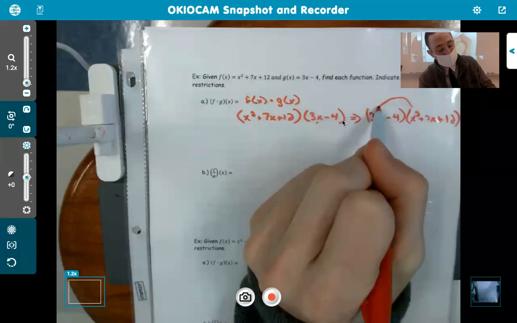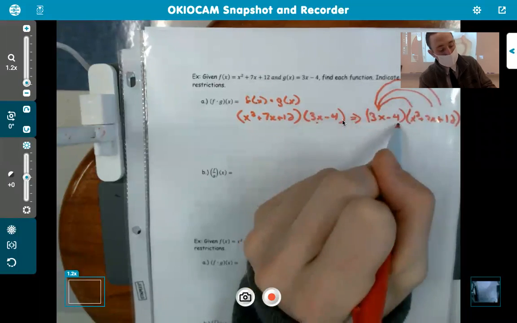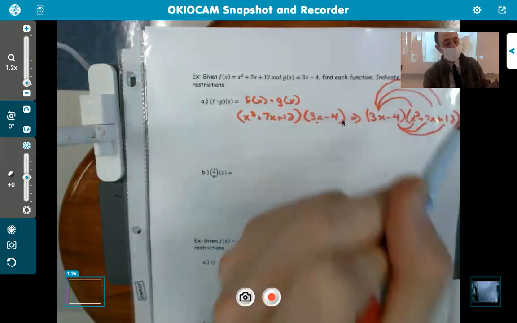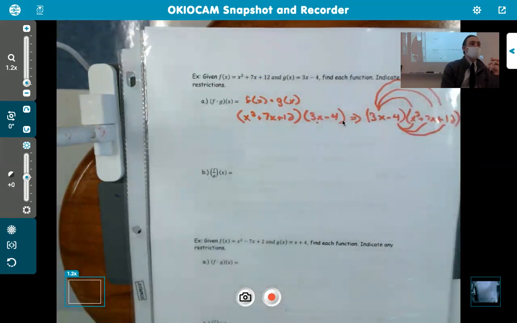So you know you have to distribute the 3x to each term, the -4 to each term. And you can do that because multiplication is associative, which means you can do it in any order and it still will give you the same thing. So however you multiply those functions is fine.